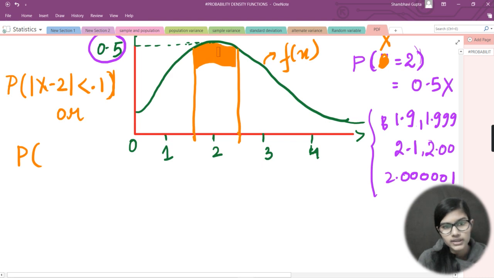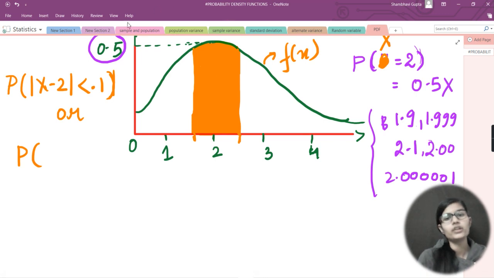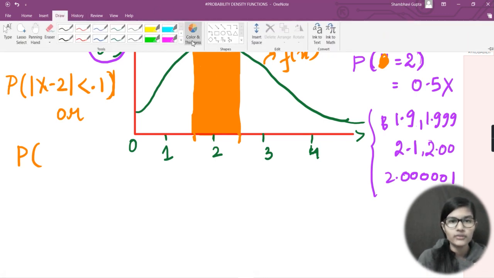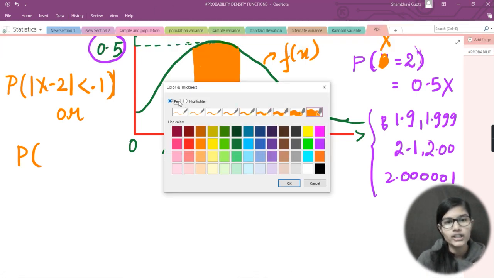Here I want to find this probability. So firstly I'm going to shade that part, whatever part I want to find the area of, and I have denoted it using f of x. This is the denotation, how we denote it.